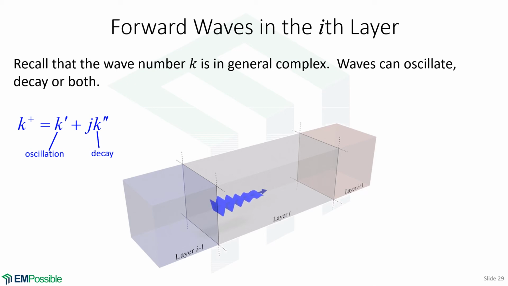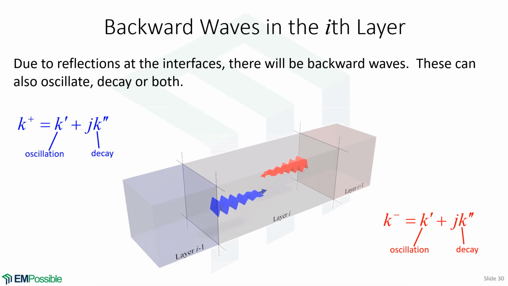That's the square root of the difference of two things. Our medium could be lossy. We could end up getting a negative number in the square root. So in general, these wave vector components are complex. The real part says that our field can oscillate. The imaginary part says our fields can decay. And of course, if we have both, we can see both. And that's what we're illustrating in this picture here. So we have a forward wave that's oscillating and decaying.